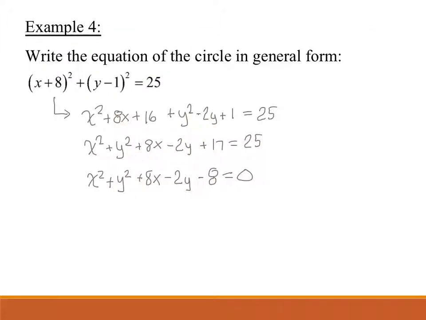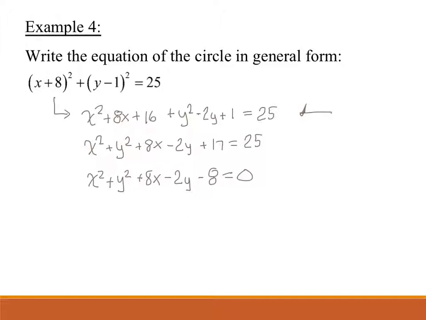So in example 4, we write the equation of a circle in general form, where we have x plus 8 squared plus y minus 1 squared is equal to 25. The first step is to expand our terms, which we now have x squared plus 8x plus 16 plus y squared minus 2y plus 1 is equal to 25.